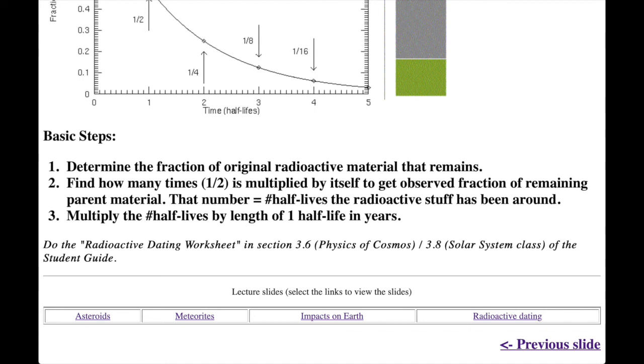The basic process is these 3 basic steps. Step number 1 can take a little bit more time to figure out the fraction of the original radioactive material that remains. Again, I will give you that fraction, and then you will be doing the simple steps 2 and 3. The second step is you find out how many times you would multiply 1/2 by itself to get the observed fraction remaining. That number is going to be the number of half-lives that the radioactive material has been around.